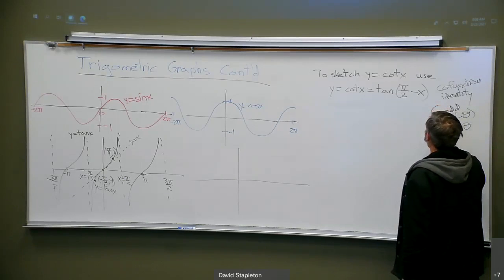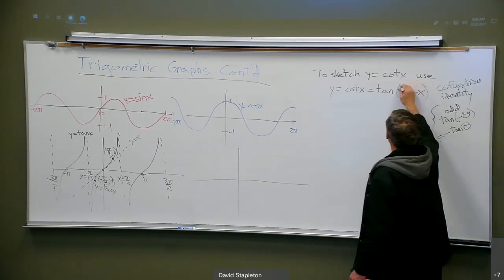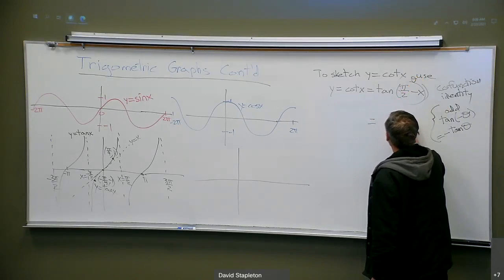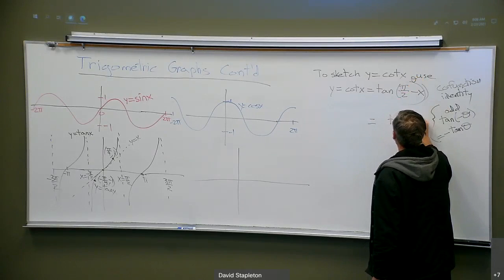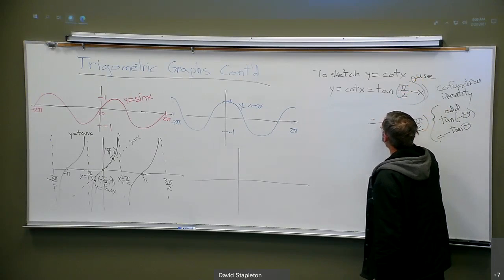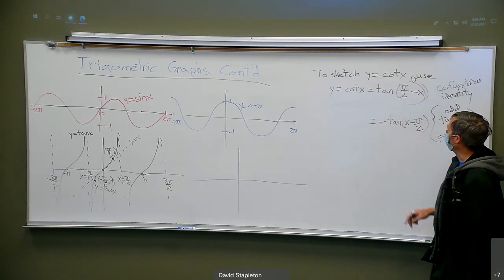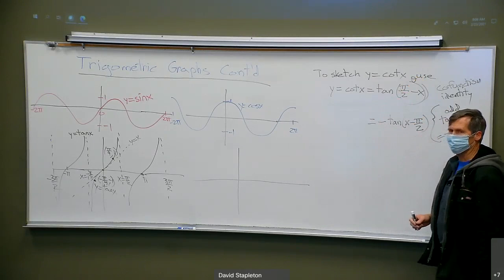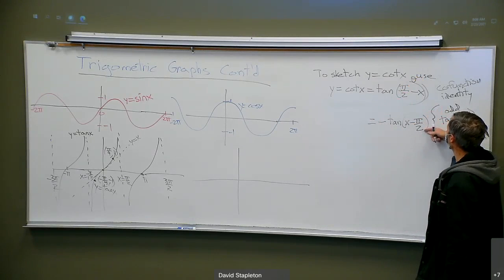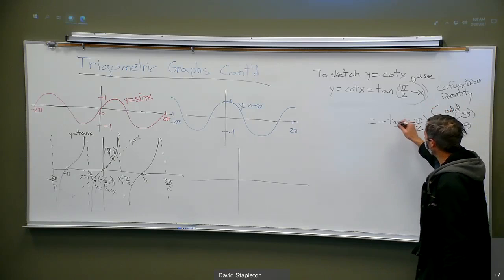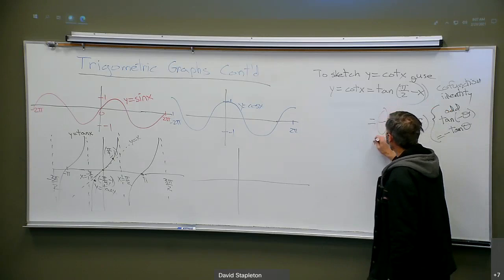I'm going to use that step now and say if I take minus this angle, calling this theta, if I take minus this angle, I have to cancel it with the minus out here. So this minus can come in and reverse these, put them back that way. Now I know exactly how to graph cotangent just by using the odd property and the cofunction identity from tangent. Because after all, this is an A equals minus 1.